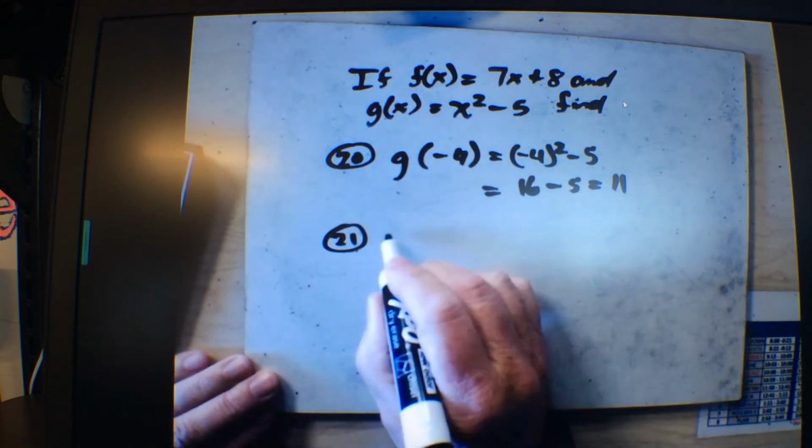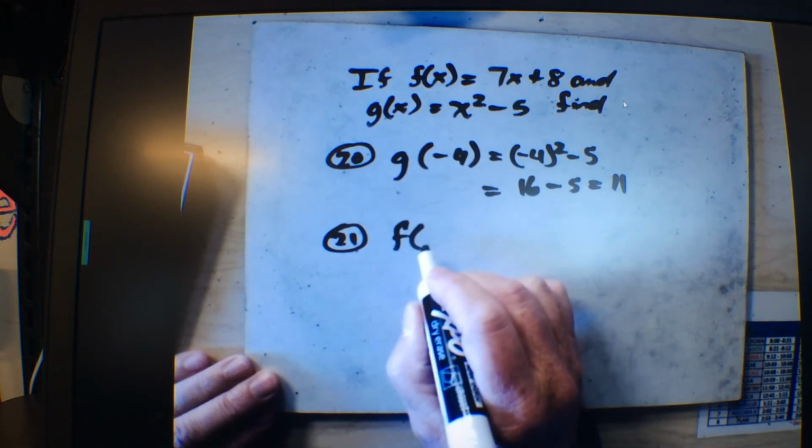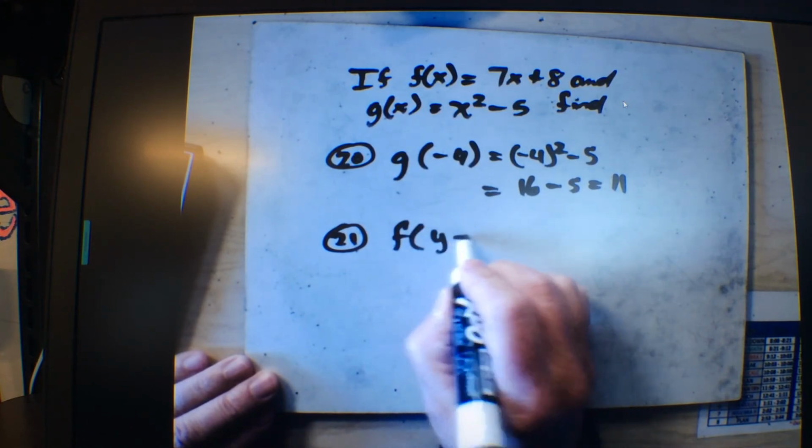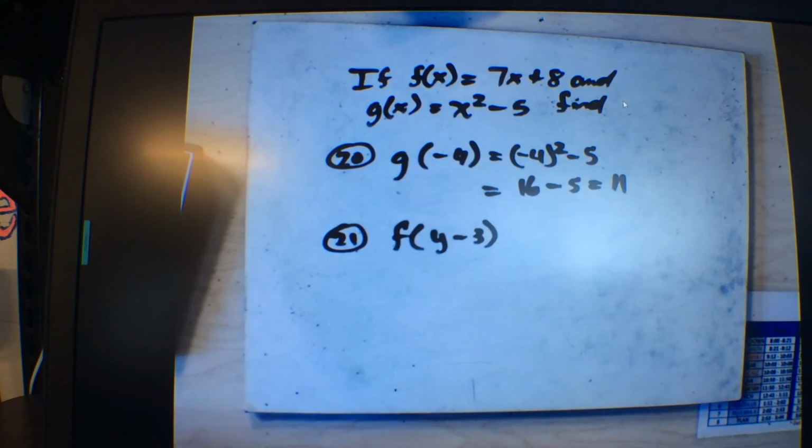Okay, so now I'm going to go f of y minus 3. F of y minus 3.